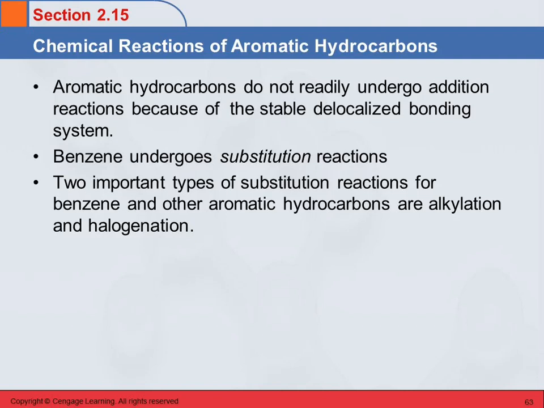Halogenation is where we've got bromine or chlorine being added. Let's just do it this way. We talked about a substitution reaction, an addition reaction on Monday for the alkenes. Halogenation here is a substitution reaction.